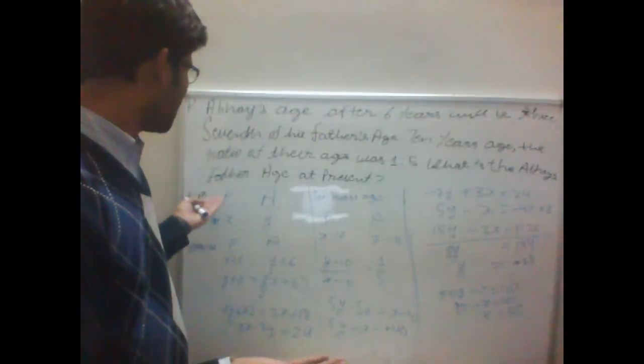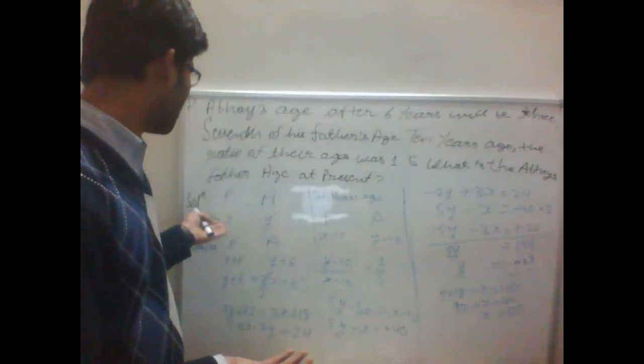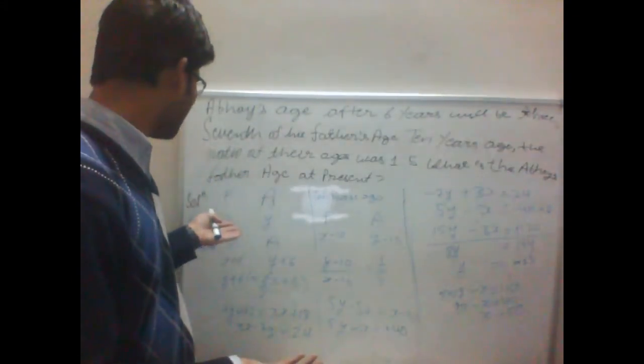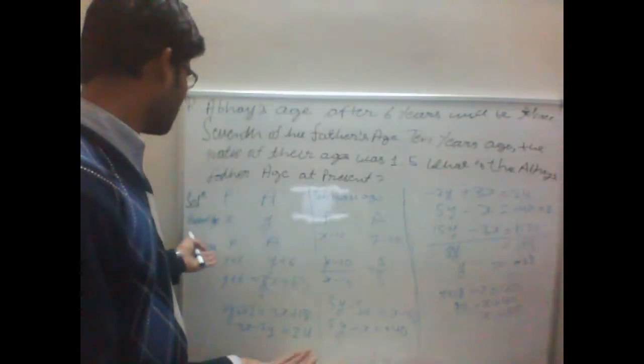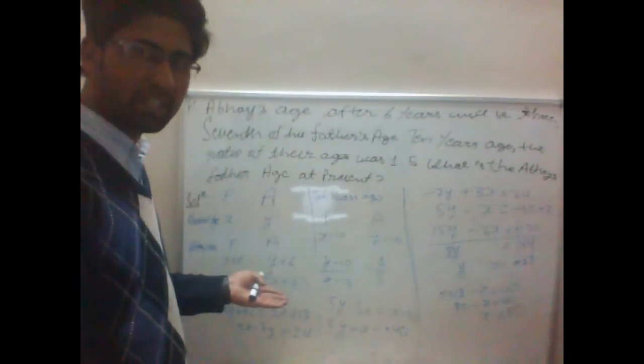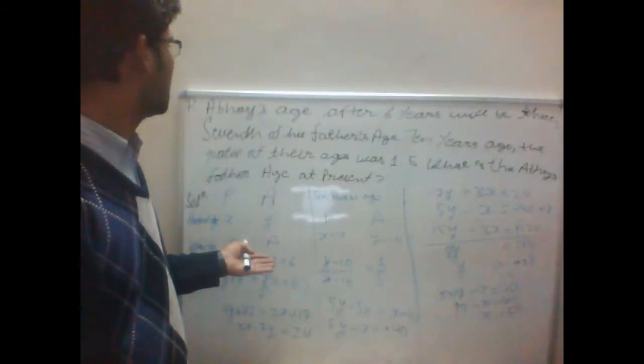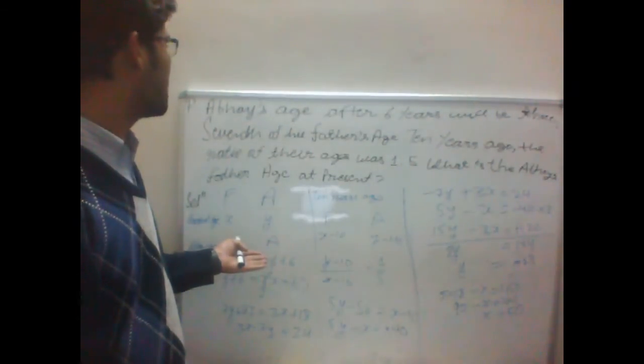Let the present age of the father be x and the present age of Abhay be y. Now after 6 years, what will be the ages? The ages will be x plus 6 and y plus 6 respectively. Now what is the relation? After 6 years, Abhay's age will be 3/7 of his father's age.